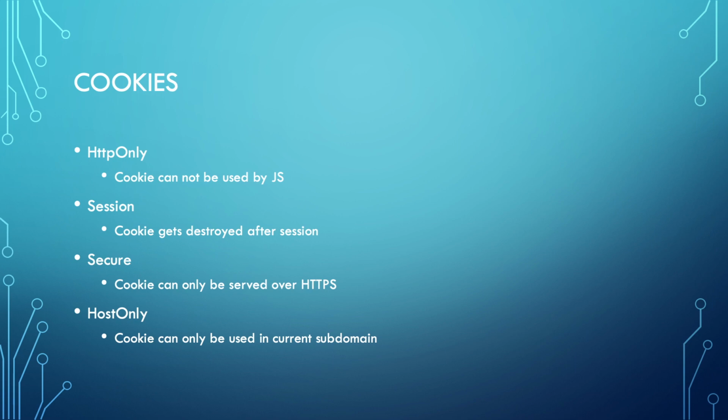You have the secure flag, which means that the cookie can only be served over a secure connection. And then the host only flag, which means that the cookie can only be used in the current subdomain. No other subdomains of that domain can use that cookie. So that's important to know. If you're struggling a little bit with sharing cookies between subdomains, that might be the reason.